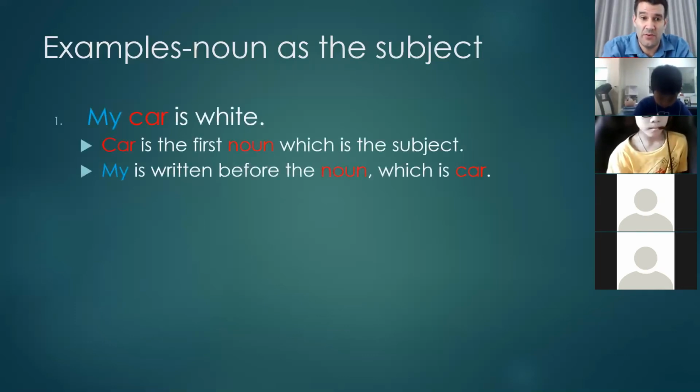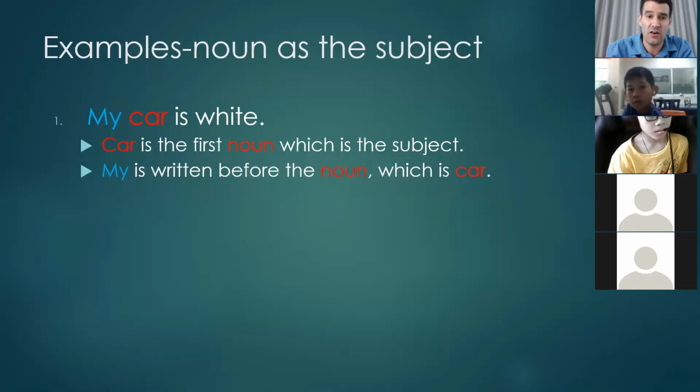So here's an example. My car is white. So car is the first noun, the only noun, and it is the subject. The subject is the first noun. My is written before the noun, which is car. You cannot write car my is white.